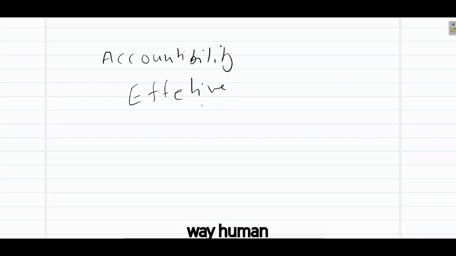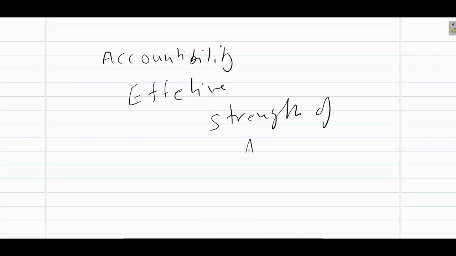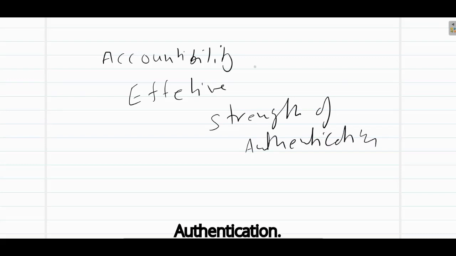In this way, human accountability depends on the strength of the authentication process. Without a strong authentication process, there is always doubt on activities or on the human.